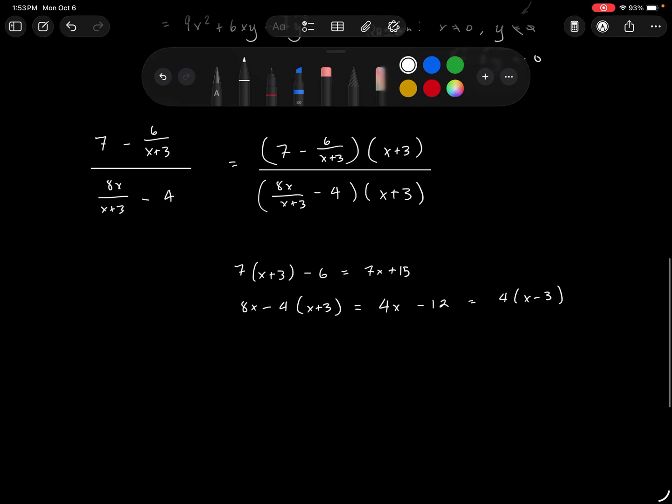So now you're ultimately left with 7x plus 15 over 4x minus 3, with a domain of x cannot equal minus 3 or 3.